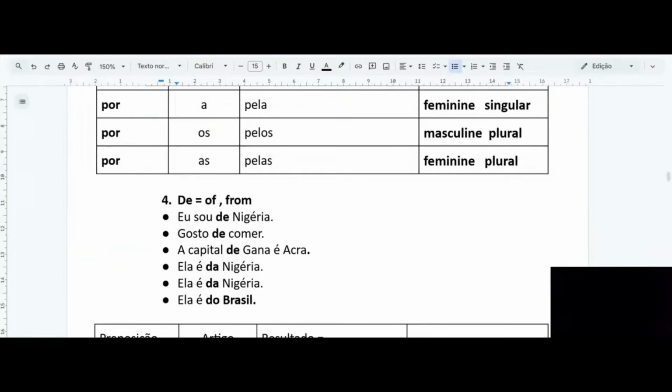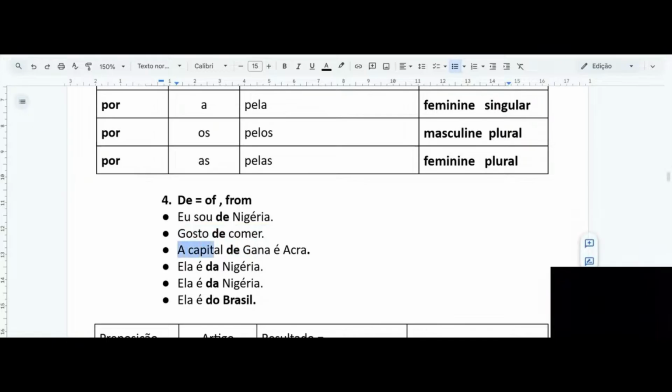We have the word de here because some Portuguese verbs have prepositions attached to them. We have gostar, then you say gostar de, precisar de. Some of them have the de attached to the verbs. So that's how it is. Don't worry, you will get to the verbs too.